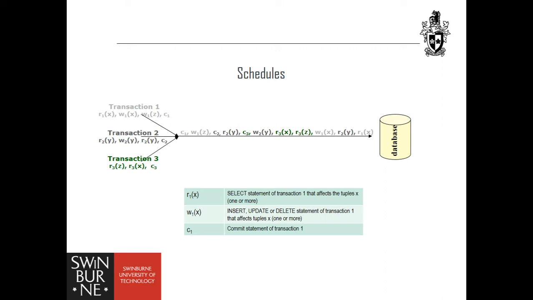The subscript number defines which transaction it is a part of, and the letter in brackets is a variable that stands for the resource accessed, usually one or more tuples or records. The sequence of statements executed forms a schedule. You can see that the schedule contains interleaved statements from every transaction. Databases do not try to execute statements sequentially. Often, the data a statement needs is not yet in memory, and the database management system has to fetch it from disk. These operations are slow, and the processor can be used to process other statements in the meantime.